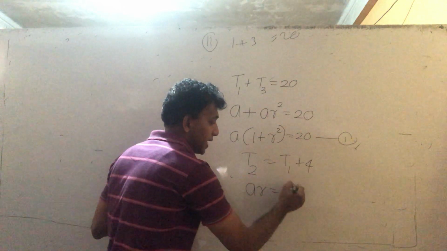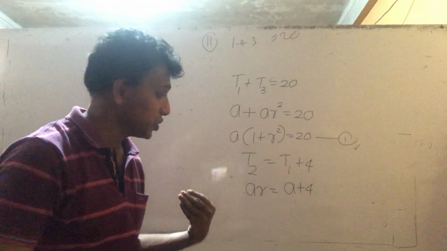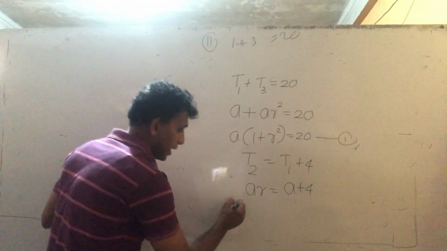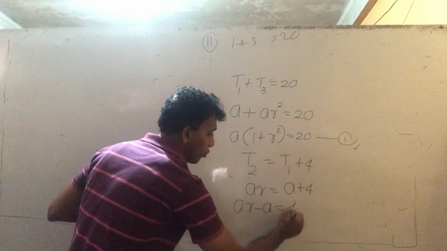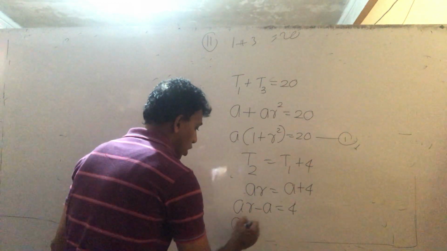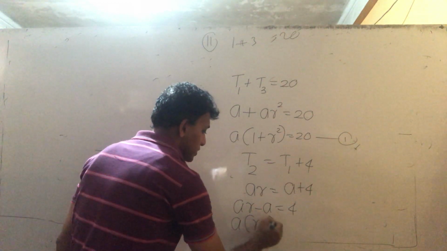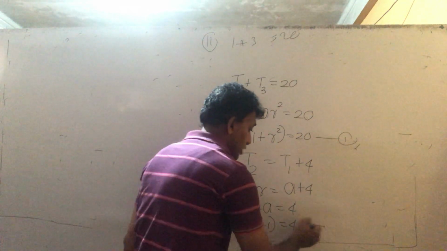The first term is A, plus 4. So rearrange: take it to this side, AR minus A equals 4. Then take the A out: A into R minus 1 equals 4. This is our second equation of this GP.